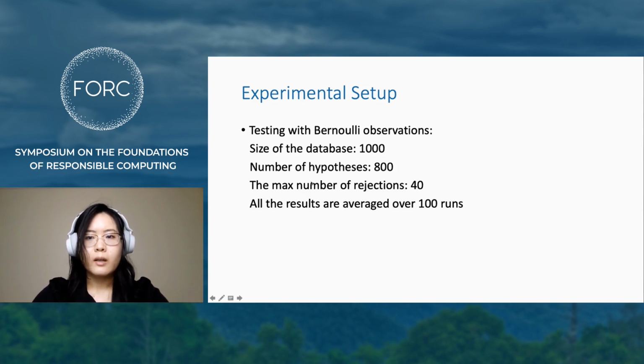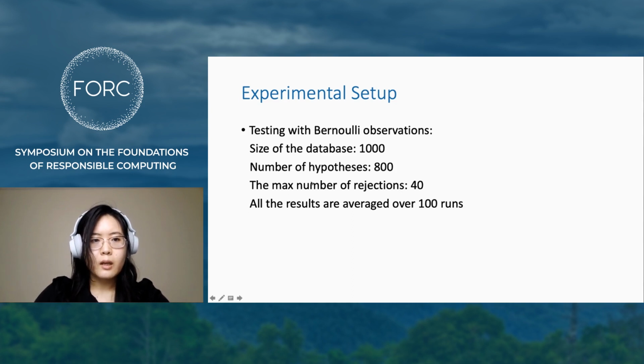And here I'll only talk about some results on testing with Bernoulli observations. In this setting, we generate a database with Bernoulli observations, and the size of the database is 1,000. And we sequentially test 800 hypotheses, and the max number of rejections is 40.